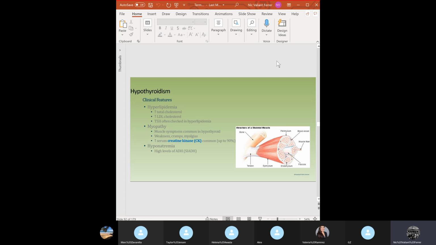Where does your ADH act? In your tubules, in your kidney. Where does it act? ADH, antidiuretic hormone. In the distal convoluted tubule? Mainly aldosterone is there, but ADH acts in your collecting duct, right?